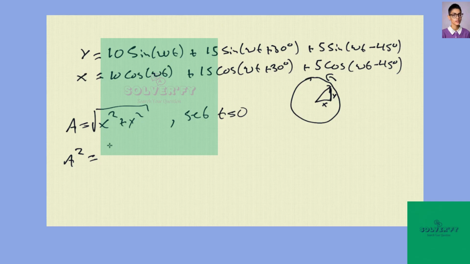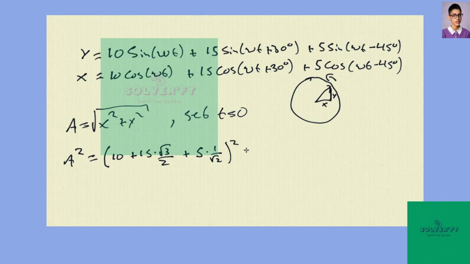So now we have that A squared, and the x component is going to be 10, right? Cosine of 0 is 1, plus 15 cosine of 30 degrees, which is root 3 over 2, plus 5 times cosine of negative 45 degrees, that's 1 over root 2, and that's squared.